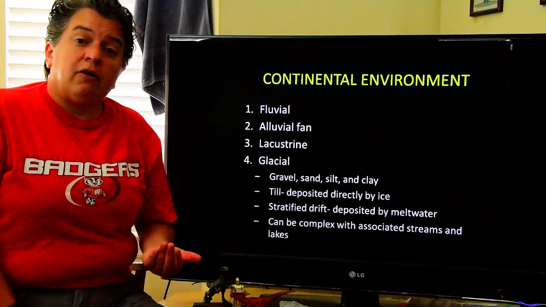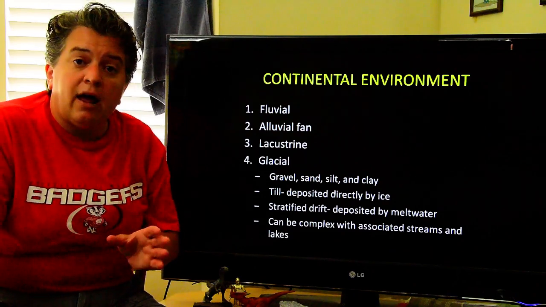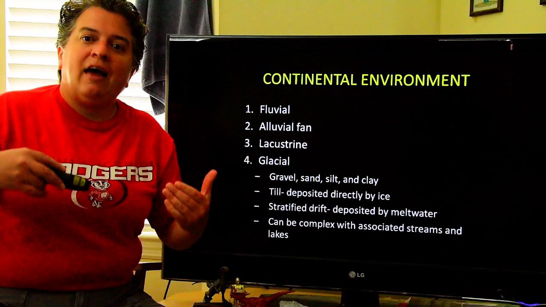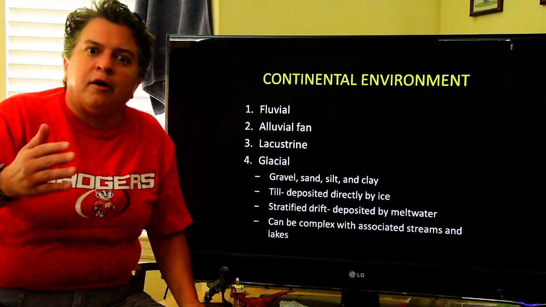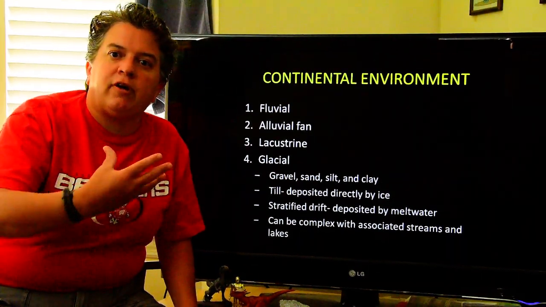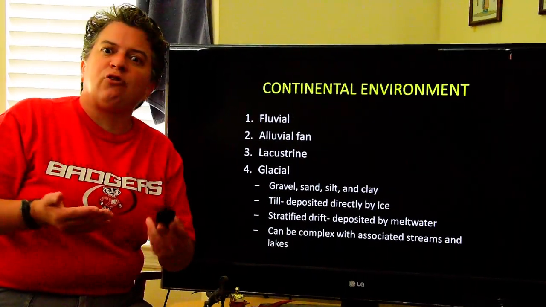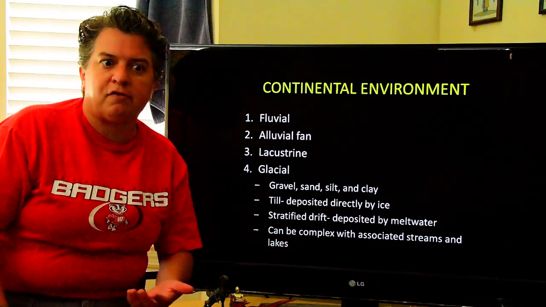Now, as I said earlier, glacial deposits can be very complex, depending on, are we at the edge of the glacier? Do we have streams coming off the glacier? Sometimes the glaciers dam up areas and create local lakes. And so you can have these kind of glacial lake deposits that have all the characteristics of lacustrine sediments.